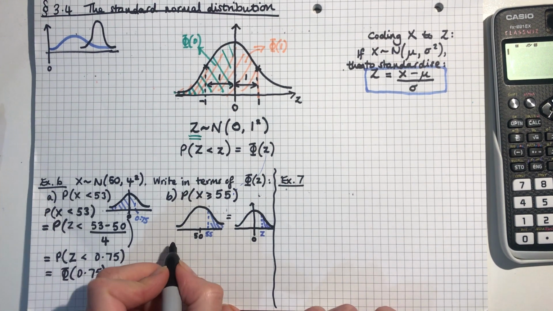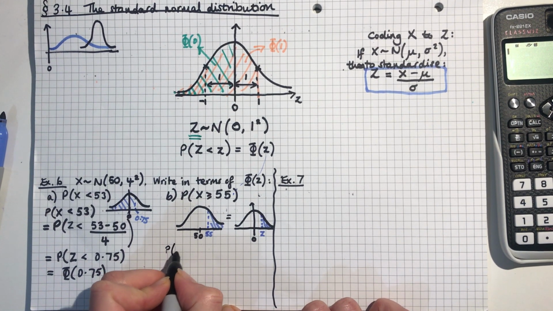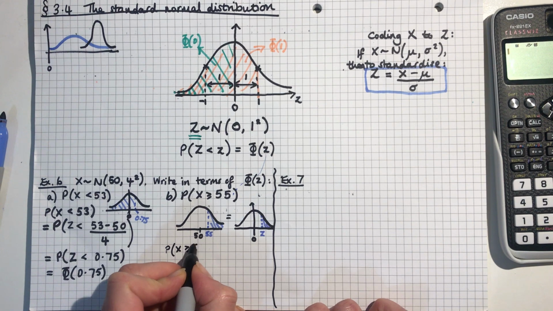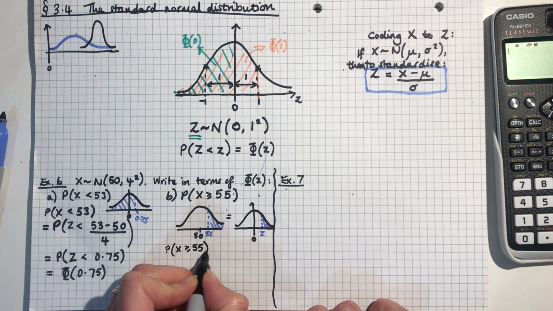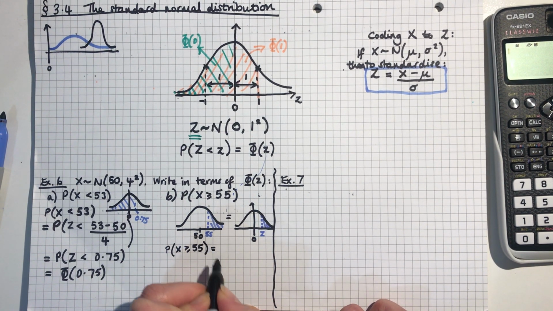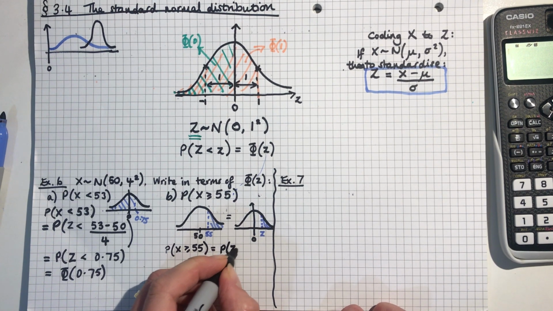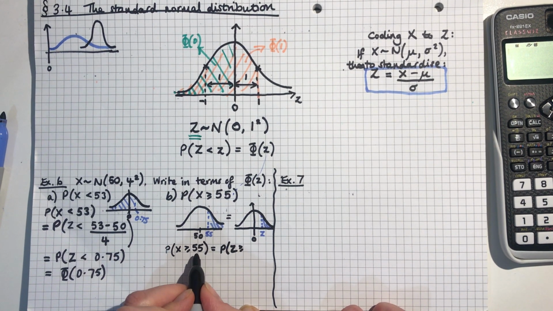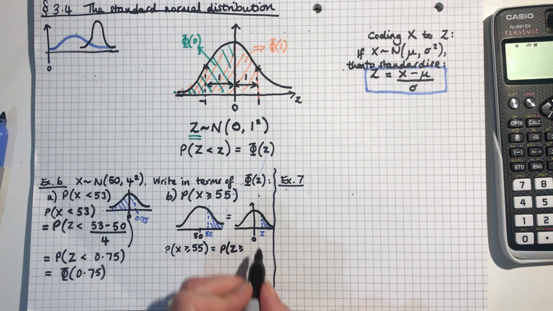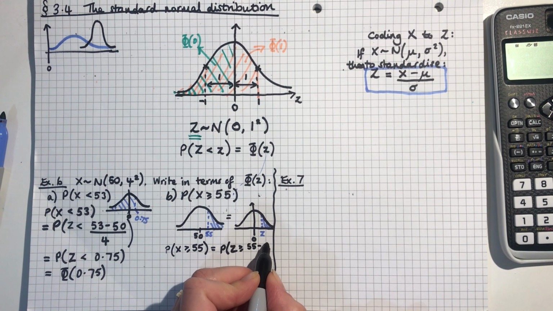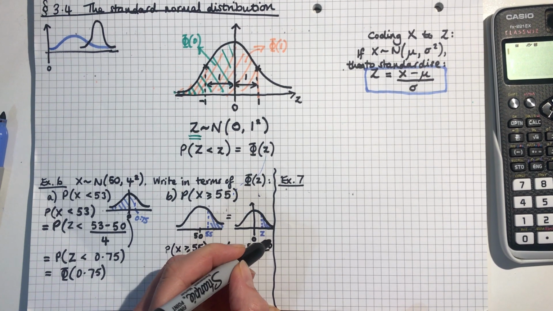So we can say that the probability that x is greater than or equal to 55 is equal to the probability that z is greater than or equal to, and then we now apply the transformation. So we go 55 minus the mean, divide by the standard deviation.